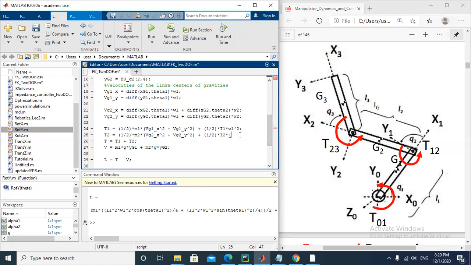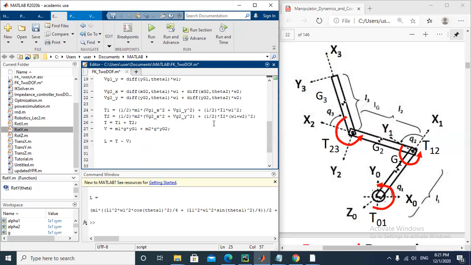So here I have to add omega 1 plus omega 2 squared. The reason is that my omega 2 here is not absolute. The variable that defines the angular velocity of the second link is not measured with respect to a fixed frame. It is measured with respect to the first link, and that is why we have to have it like that.